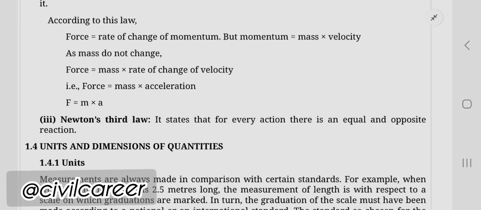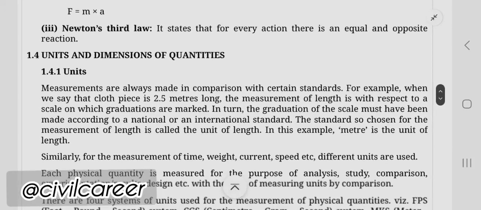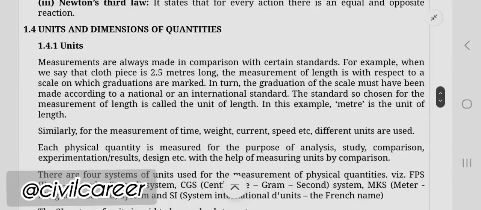Next, units and dimensions of quantities. First one, what is a unit? Measurements are always made in comparison with certain standards. For example, when we say that a cloth piece is 2.5 meter long, the measurement of length is with respect to a scale on which graduations are marked.